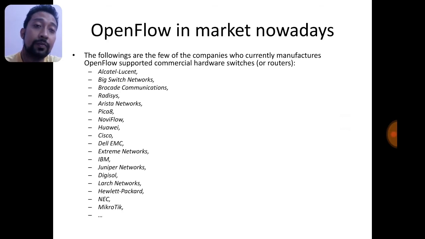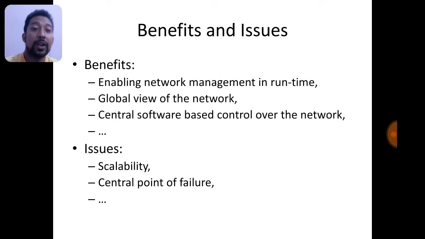Now, what are the benefits and issues of using SDN or OpenFlow, you can say? The benefits are that it can enable network management at runtime. So we don't need to just do troubleshooting and all those things. It is no longer done in a static manner, where we take so much time to detect where the trouble is, where the failure is, and then go for troubleshooting that part.